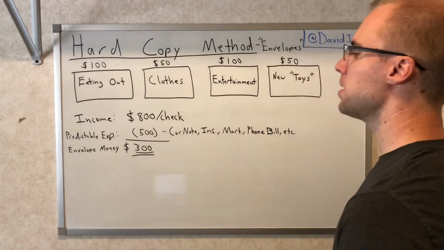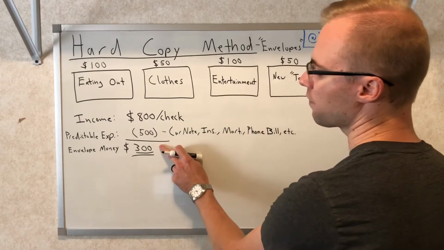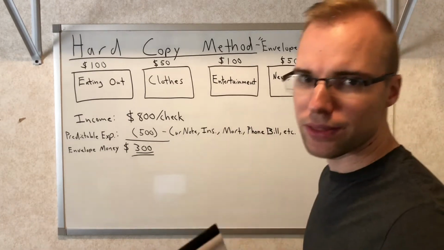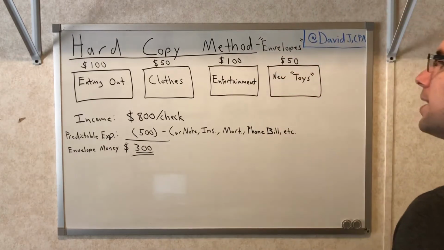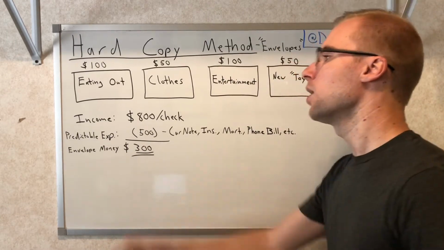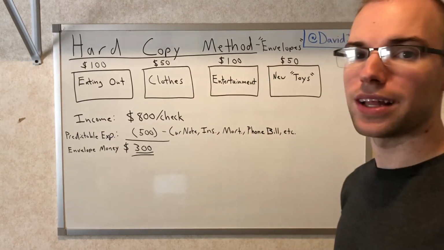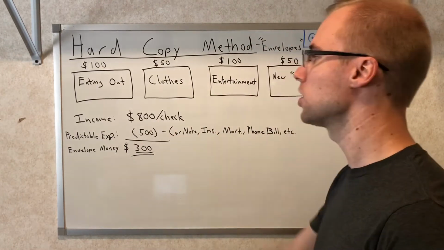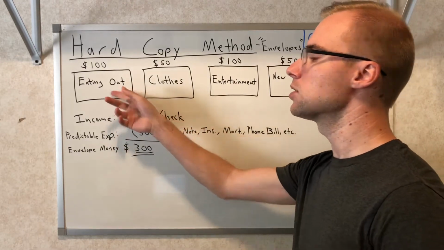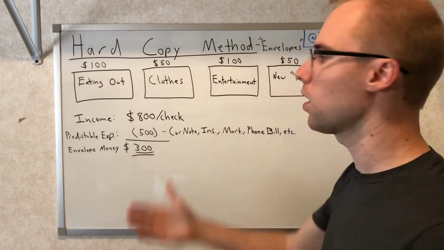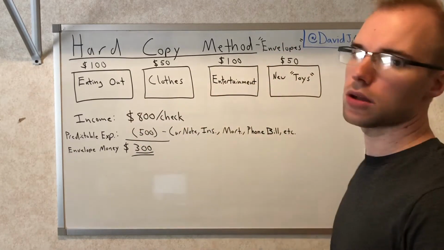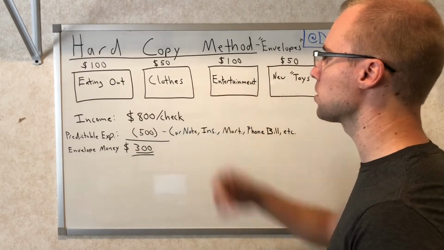Now, what does that mean? Well, this is money that you can put towards fluctuating expenses, such as what? Well, maybe you really like food, like most of us. You really like to eat out at restaurants. So we're going to make an envelope to make sure that you can eat out every once in a while. Live life. Enjoy your life, okay? Maybe you like to buy clothes as well, so we're going to put something for clothes.